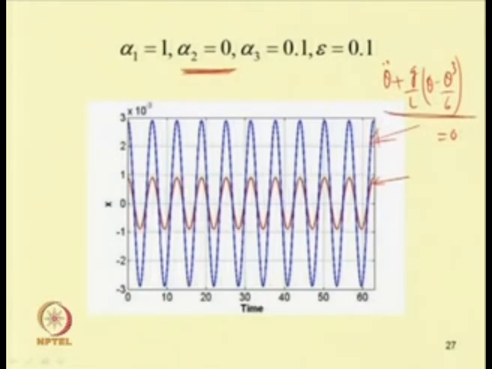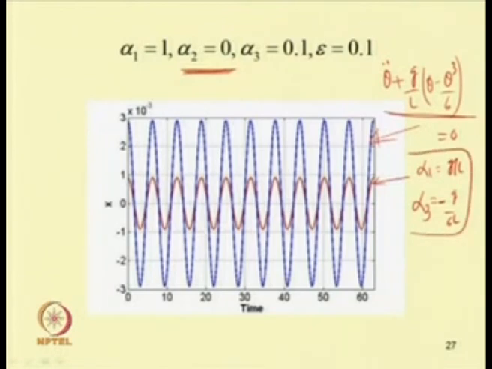Here alpha 1, that is omega square, equal to g by L. If one takes g by L equal to 1, then alpha 1 equal to g by L, and alpha 3 equal to minus g by 6 L.